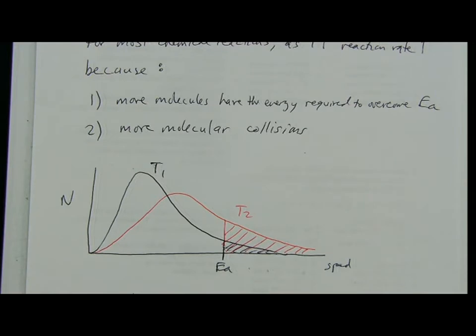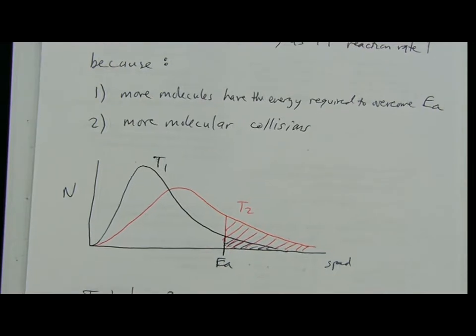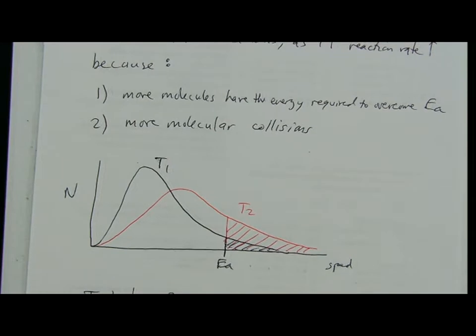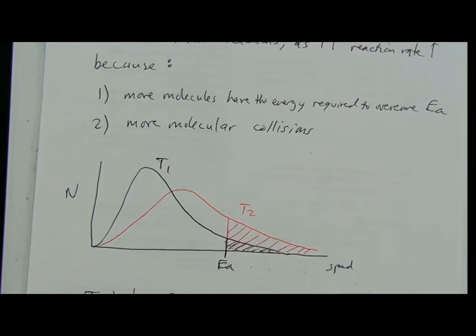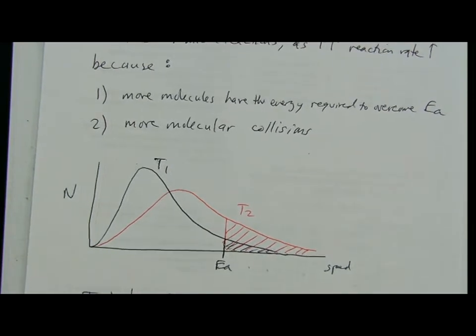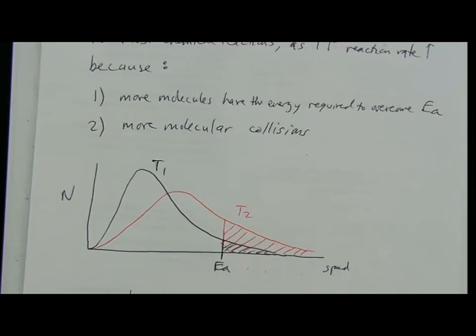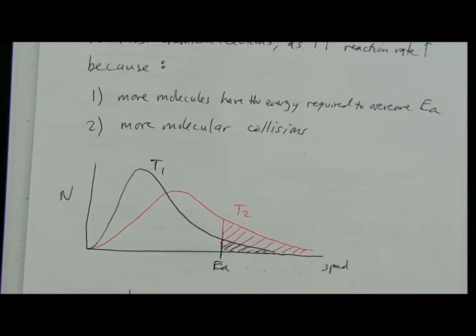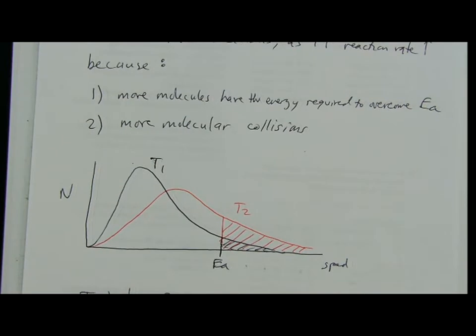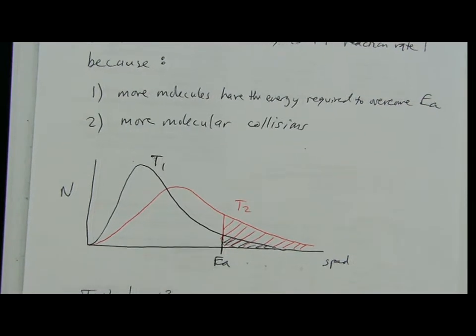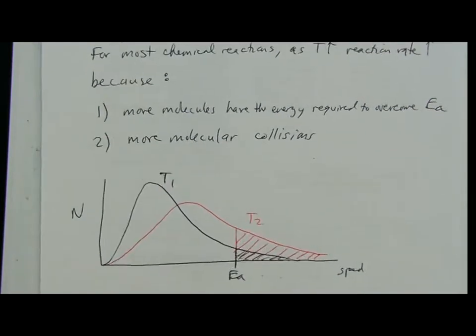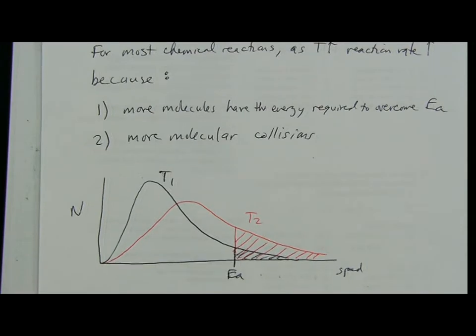How much would the velocity change if you went from 300 up to 600? 600 divided by 300 is 2, so the square root of 2, which would be a 40% increase. So the velocity would increase by 40%.